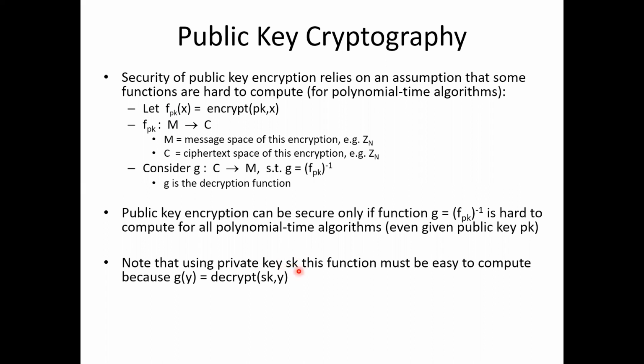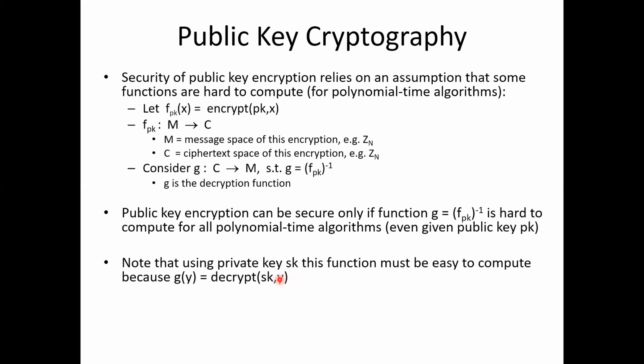Without this trapdoor, the inversion function is hard to compute, but once I give you this trapdoor, which is the information Bob stores, then there is some efficient way to compute this otherwise hard to compute function G. And that's the legitimate decryption. That's what the RSA cryptosystem is an example of.